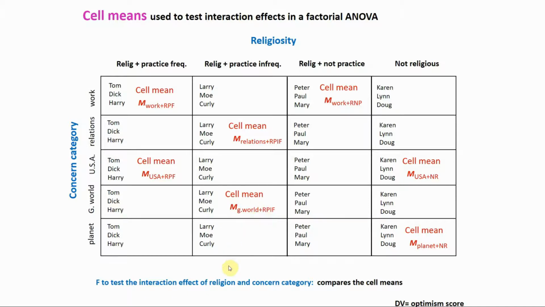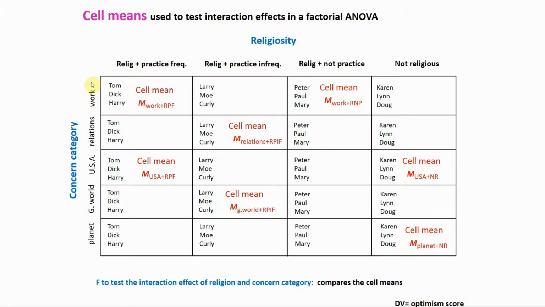Now, when you get a significant interaction effect, what that means is that the effect of religiosity on optimism depended on which category of concern you looked at.